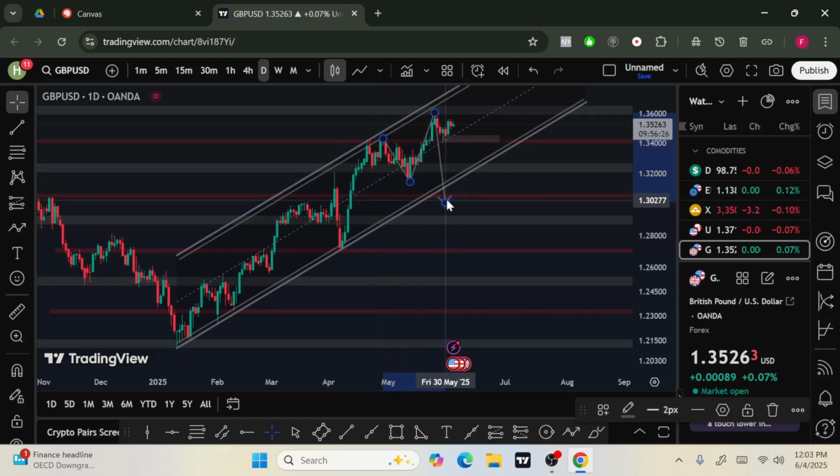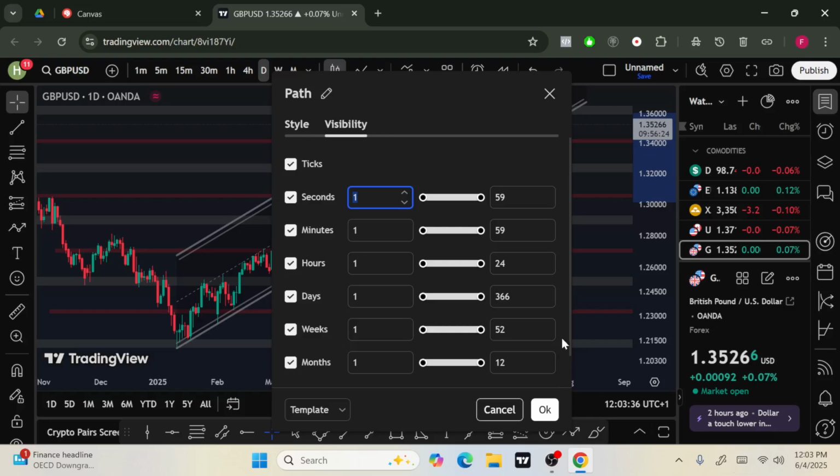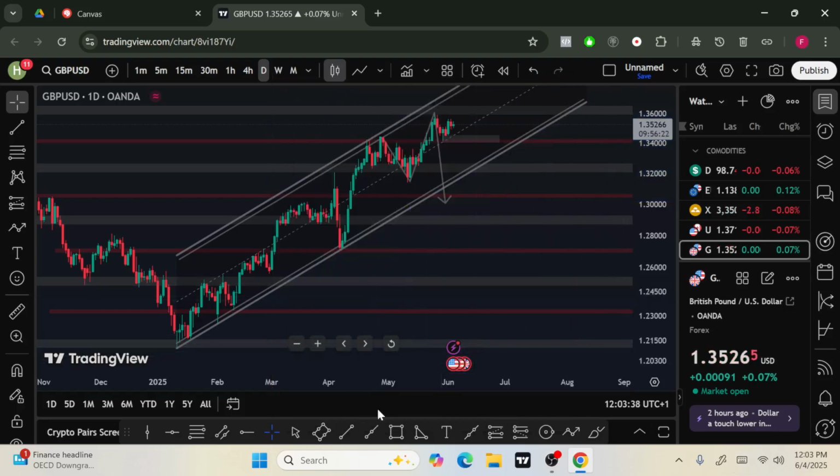But look at this. I am expecting that this market, from here, goes lower, then a higher low. Is that not so?